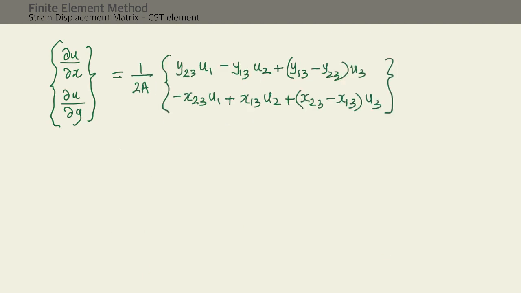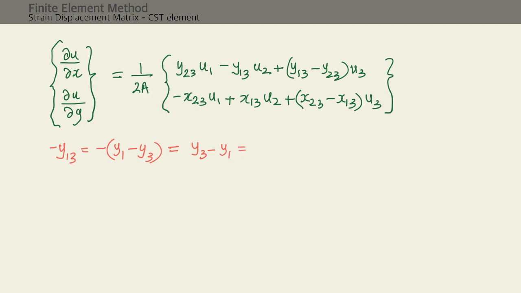Also, I would like to make a few changes. I want to remove this minus sign from here. Also, I want to expand these two brackets as well. Let us now take minus y13. We know that minus y13 is equal to minus of (y1 minus y3), so that is equal to y3 minus y1.